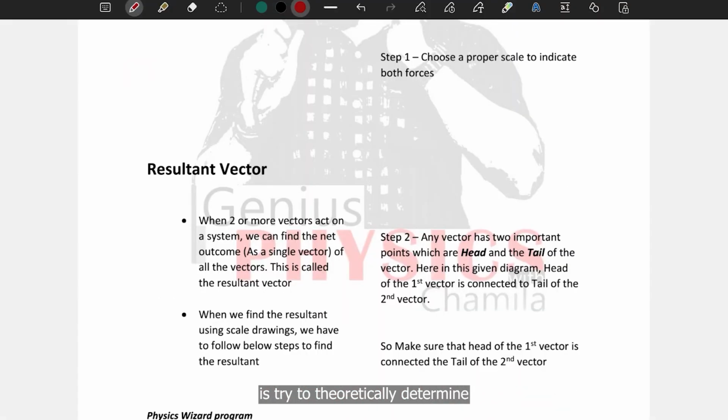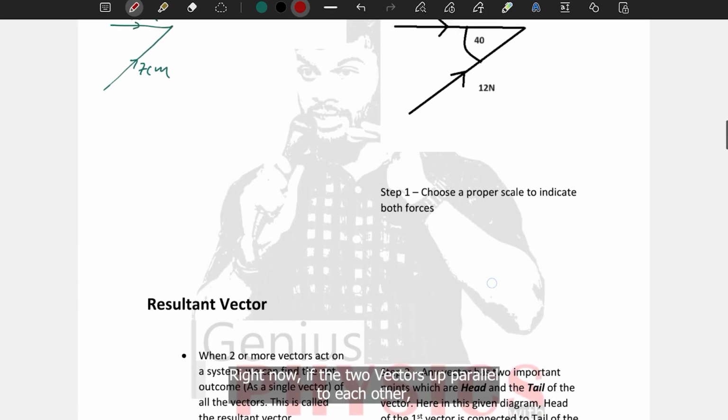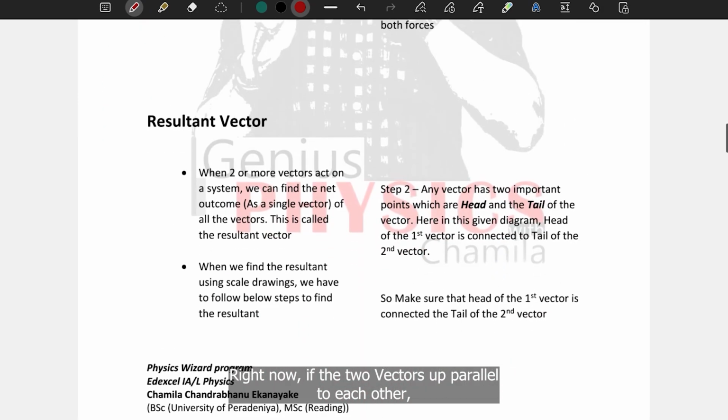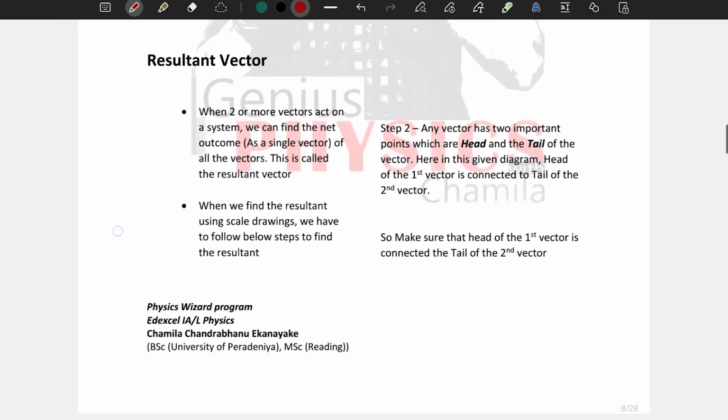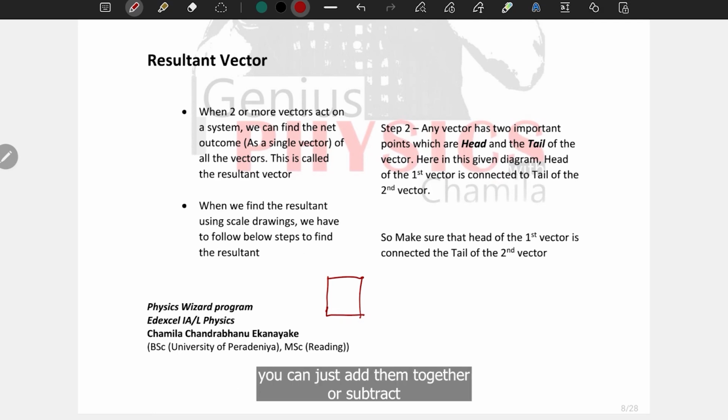Let's try to theoretically determine the resultant of a vector system. Unless the vectors are parallel to each other, we have to use the method that I'm going to introduce to you now to find the resultant of a vector system. If the two vectors are parallel to each other, it's less complicated, as you can just add them together or subtract to find the ultimate resultant.